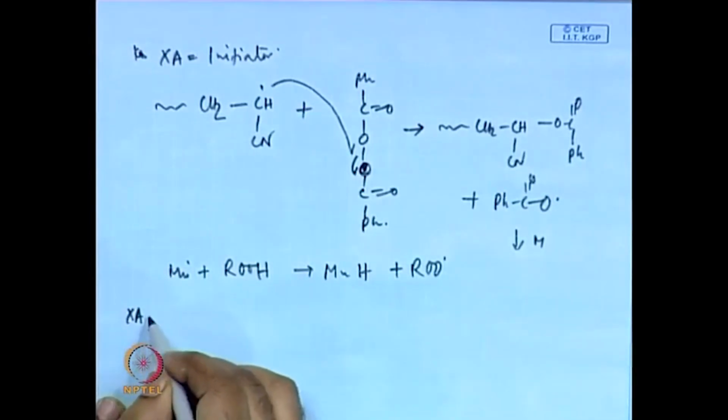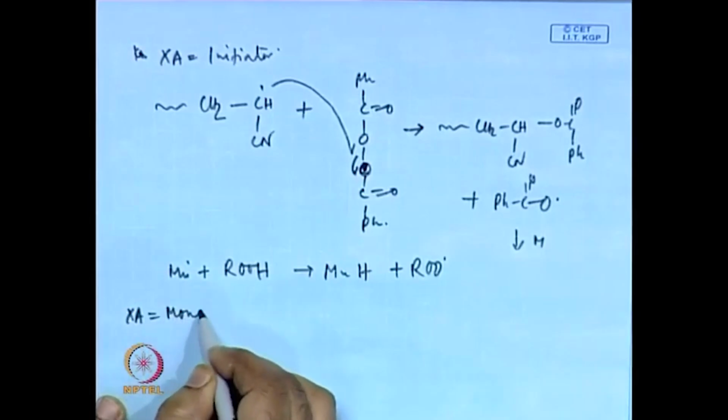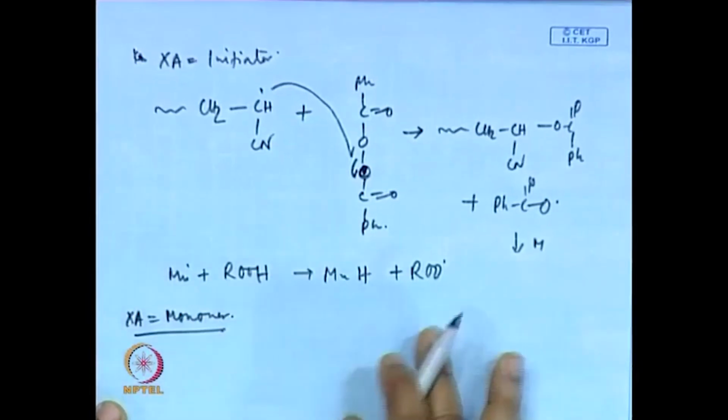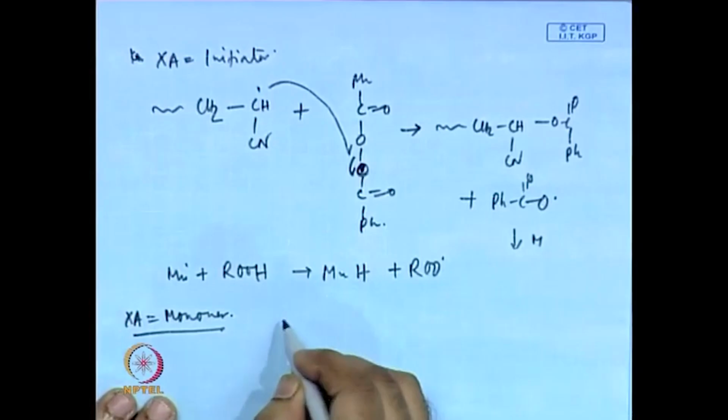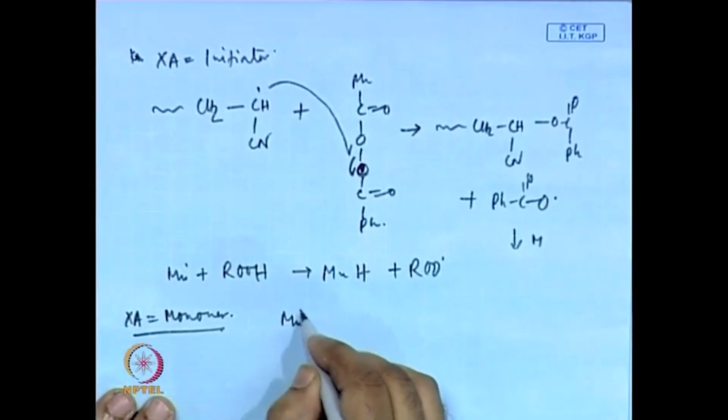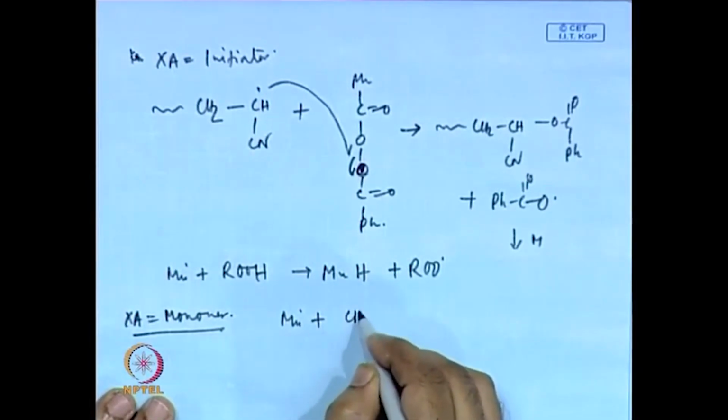Example where XA is monomer, methyl methacrylate.